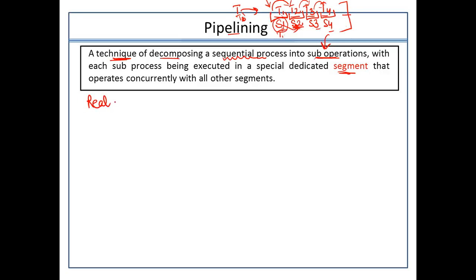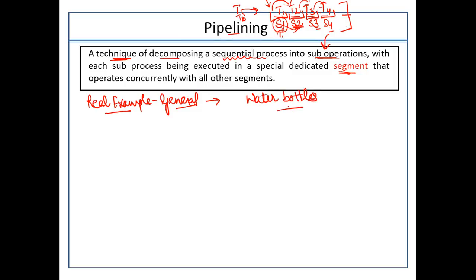Let's take one real example. It is a general example, because later in this session we will take some technical examples too. Let us suppose there is a factory filling up water bottles.